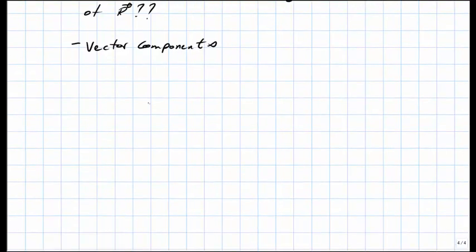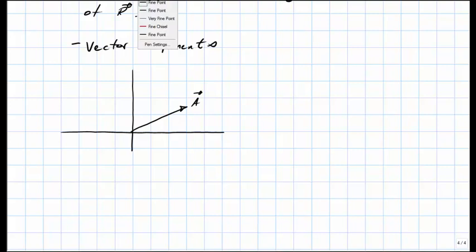And for this example, let me introduce the vector A. So we'll draw a Cartesian coordinate system, looks like this. And we'll draw a representation of some arbitrary vector, we'll call it A. It turns out that this vector has what's called components. The components look like this.